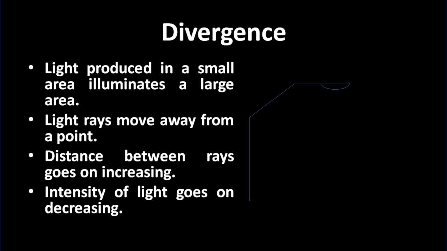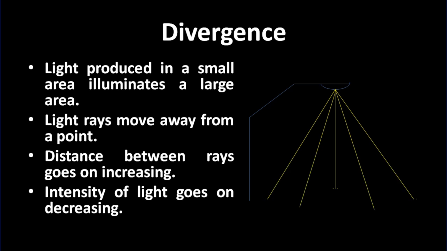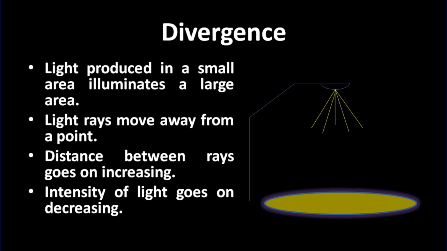Now let us understand divergence. You have seen a street lamp. What happens in a street lamp? Light produced in a small area illuminates a large area.